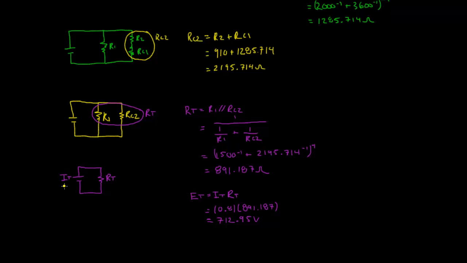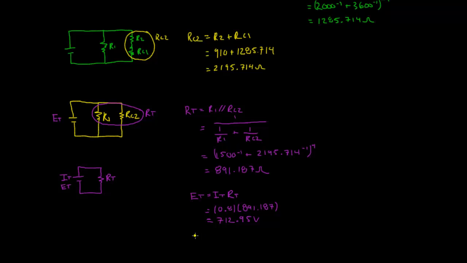So again, we just solved that ET equals 712.95 volts. So that would be ET here. But this circuit here is equivalent to the one we've drawn above. And the rule for parallel voltages is that any load connected in parallel has the same voltage.